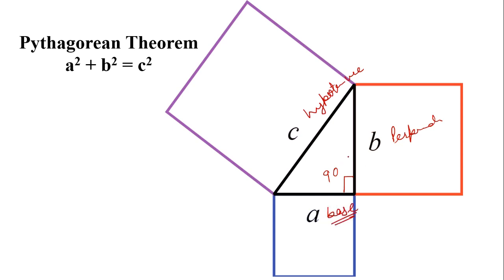According to this theorem, the square of the hypotenuse will always be equal to the sum of the squares of the perpendicular and base. So we can simply write this: C square is always equal to A square plus B square. This is the most commonly used theorem in this chapter.